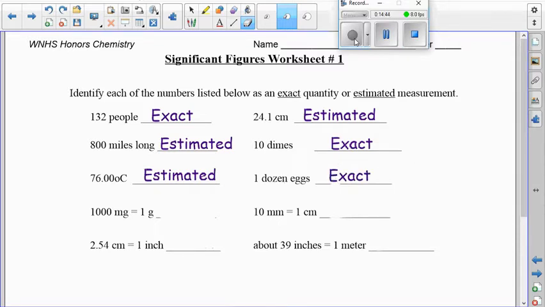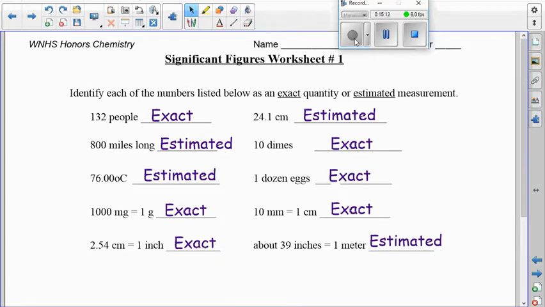We count a dozen eggs, though, so that's exact. 1,000 milligrams to 1 gram, that's a conversion, so that's going to be exact. That's a definition. A milligram, by definition, is 1,000 times smaller than a gram. This is also a conversion. That's also a conversion, so all those are exact. But then when we say about 39 inches, okay, also we're talking about estimations, and so that's an estimation.